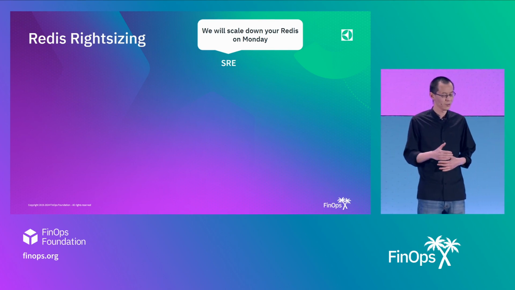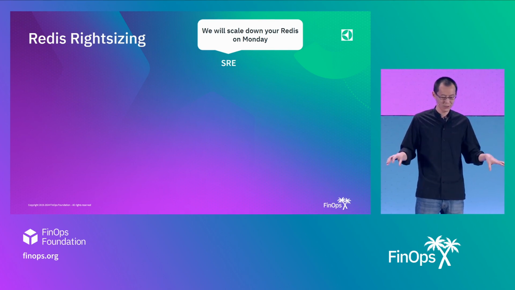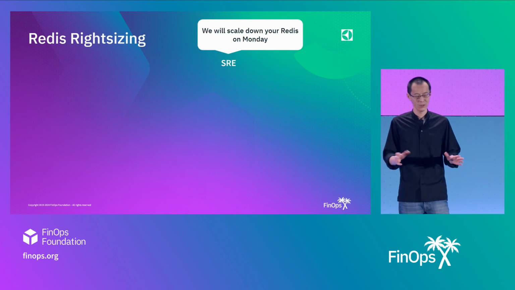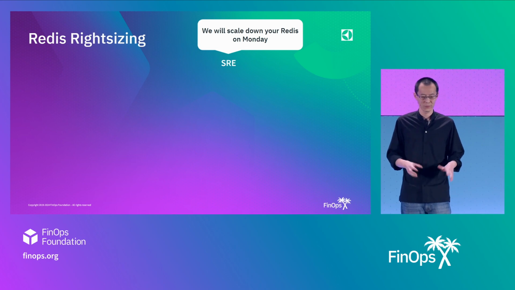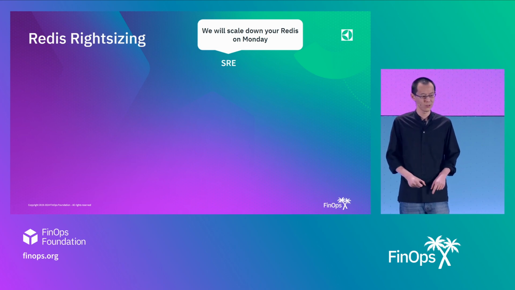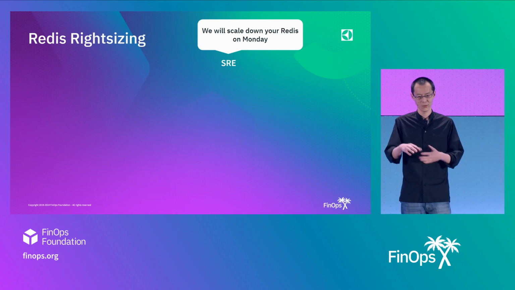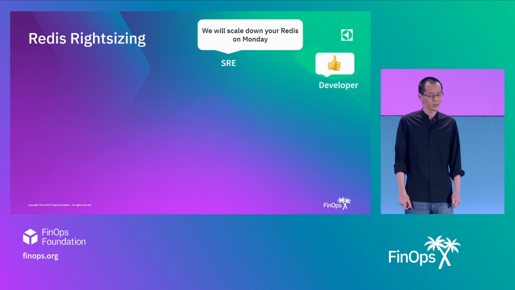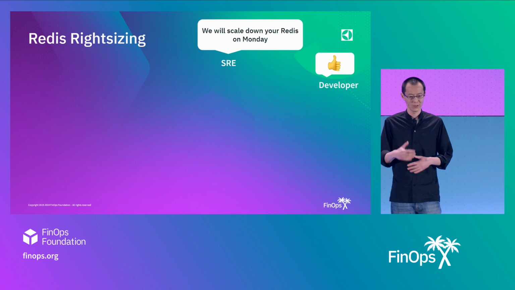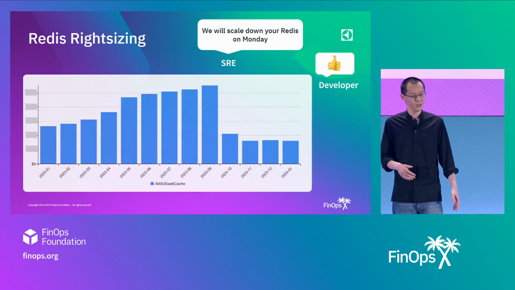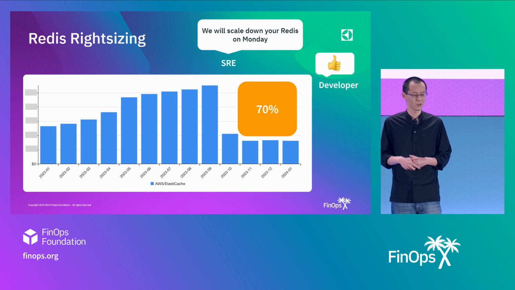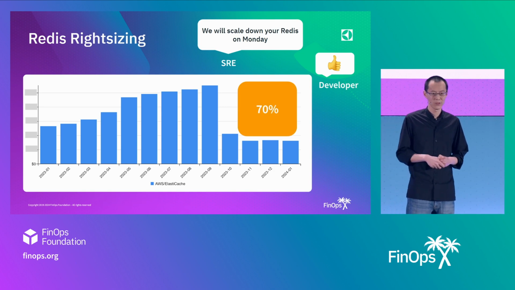After reviewing all the instances, we told them, we see that you have an improper size of the Redis instance, and we are going to scale down your X large to a small size. The developers acknowledged this and we made the change. From that change, we saw a cost reduction of about 70% of the total cost of Redis. So that was the first one.